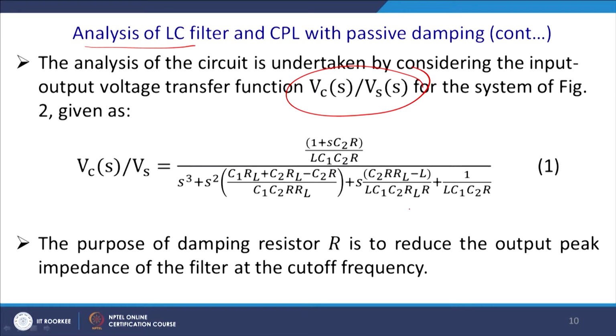You can see that it is a third order, but you can reduce it to second order by the dominant pole method. So, you have an overall transfer function like this, and the purpose of this damping resistor R here is to reduce the output peak impedance of the filter at the cutoff frequency. So, it will be flattened, and overshoot will be reduced.